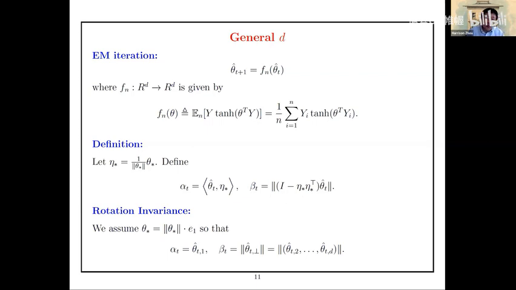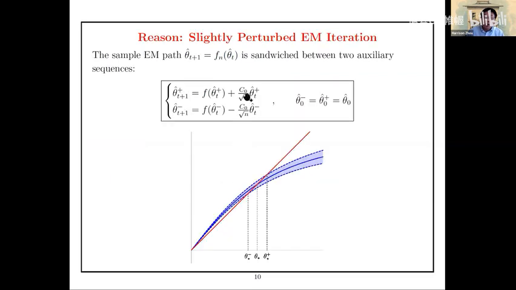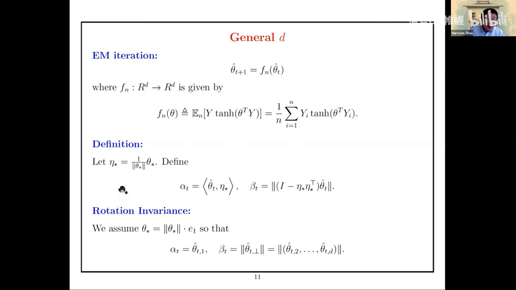And there is another difficulty for the higher dimensional case. If we approximate the sample version by the population version, what you have here is no longer 1 over square root of n. You have square root of d over square root of n. When d is close to n, the error here could be too big to be controlled. By the way, due to the rotation invariance of the Gaussian distribution, you may just assume the first coordinate is not equal to 0, which is the L2 norm of theta star, and the rest of the coordinates are equal to 0.